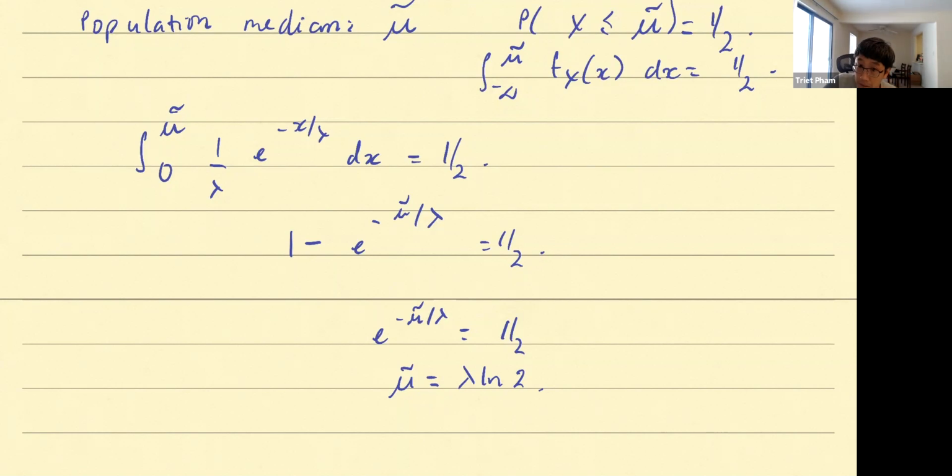Is this okay? Notice, the natural log of 2, is it bigger than 1 or less than 1? I'm not so sure, I don't know the natural log of 2 value. But clearly it's not lambda. Any question here?